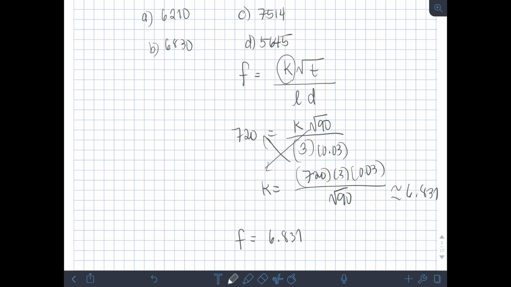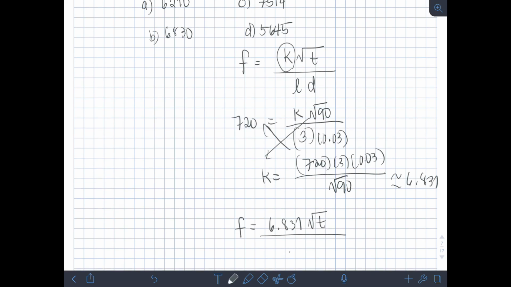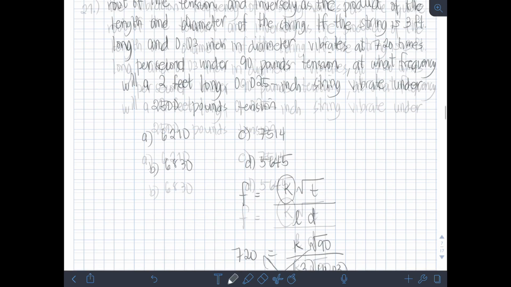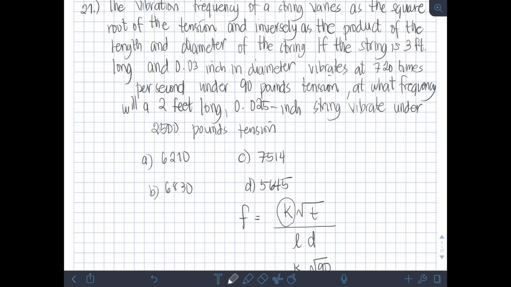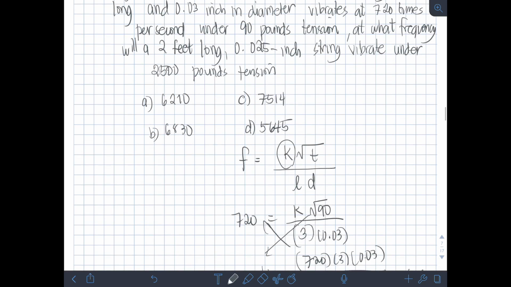So, substitute na natin yung nakuha nating K. Then, copy yung remaining expression. Square root of T over LD. Okay? Now, ang tinatanong, at what frequency daw will a 2 feet long, 0.025 inch string vibrate under 2,500 pounds tension? So, substitute na lang natin.